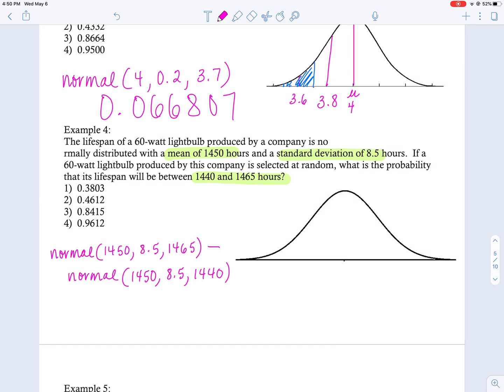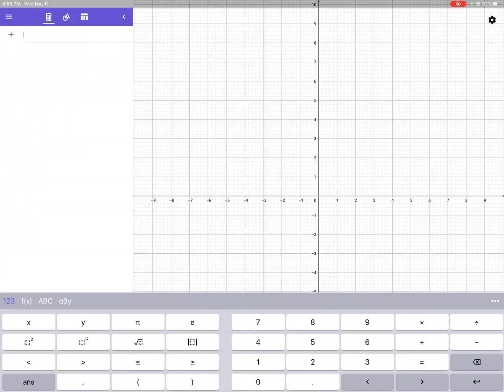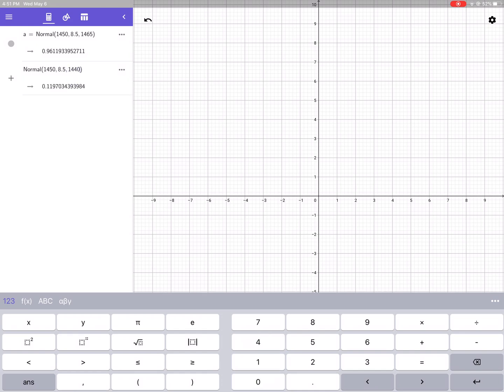Okay, so I am going to go straight into the calculator. I'm going to clear all this out, and I'm going to do my normal, my 1450, my 8.5, and then my bigger 1465. Okay, and then I'm going to once again calculate the other one, my normal, my mean, 8.5, my standard deviation, and my other number was 1440 for the number of hours. Okay, so I have to subtract those.